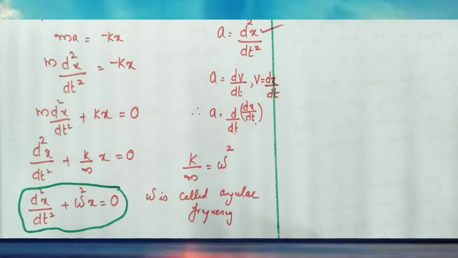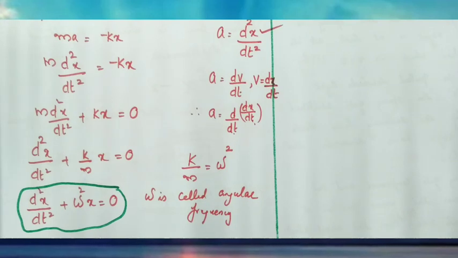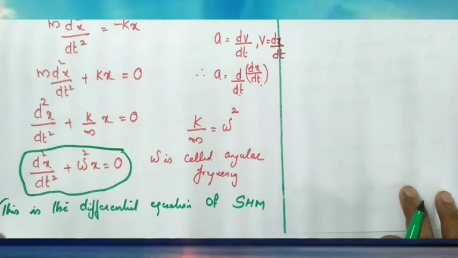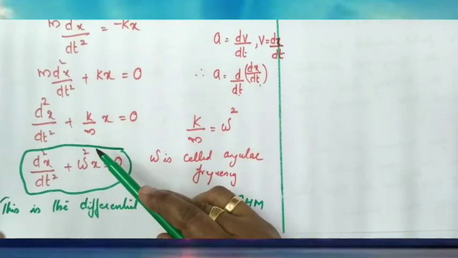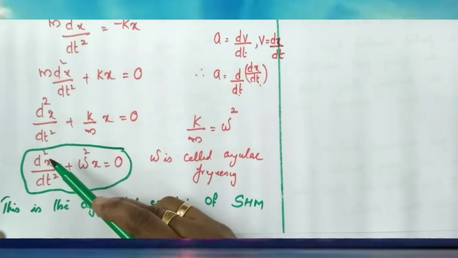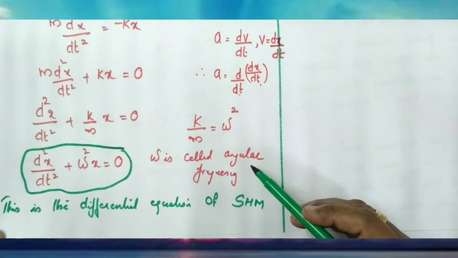So what is the differential equation of simple harmonic motion? d square x by dt square plus omega square x is equal to 0, where x is called displacement and omega is called the angular frequency.